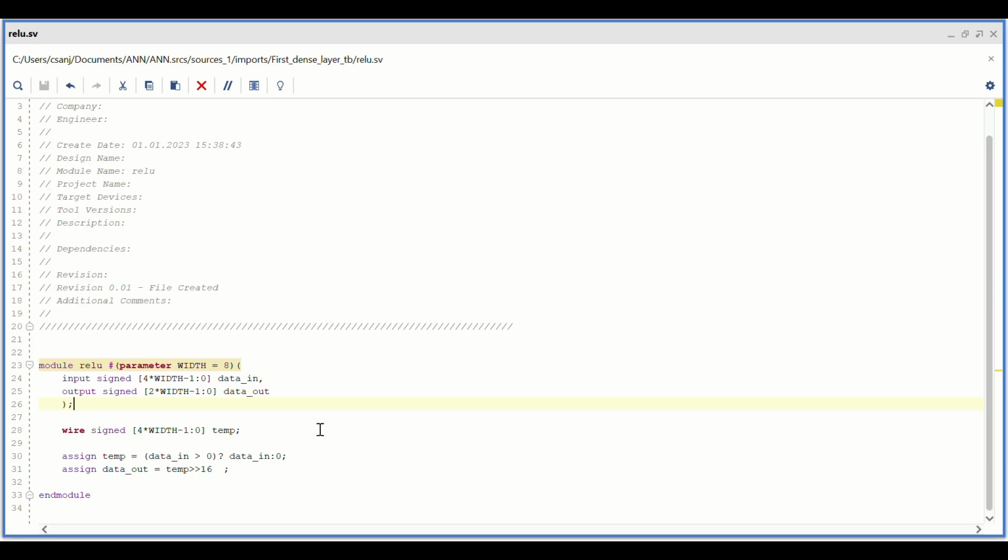Okay, that is one important point to be noted. The other thing is that the decision of choosing the ReLU module is also based on the hyperparameter tuning I did in the Python script, where I found that ReLU works better than Sigmoid for my case. So that's why we moved on with ReLU instead of Sigmoid.